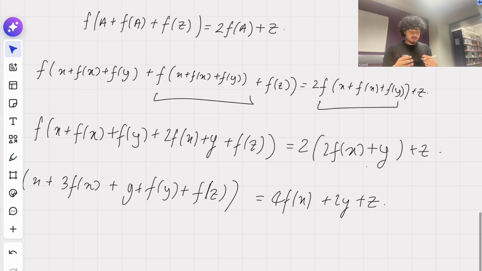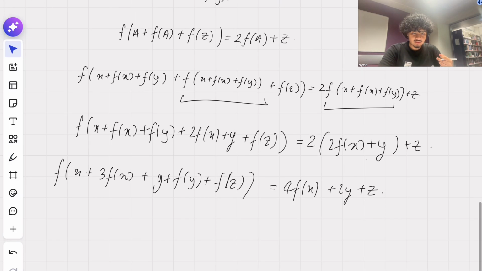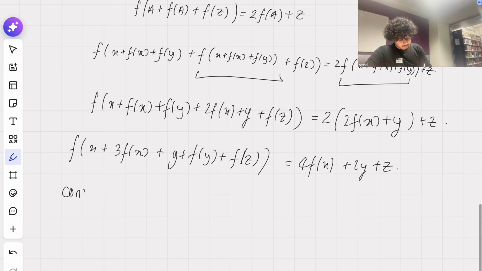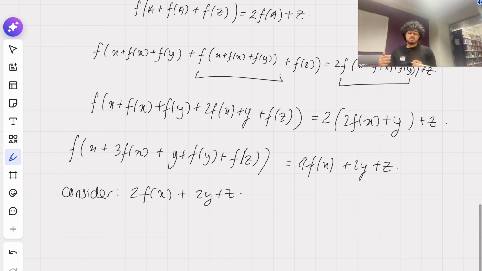Now that we have this equation, we need to make some sort of smart substitution. So let's consider 2f of x plus 2y plus z. Now let's try to use this as a substitution for y in the very first given equation.